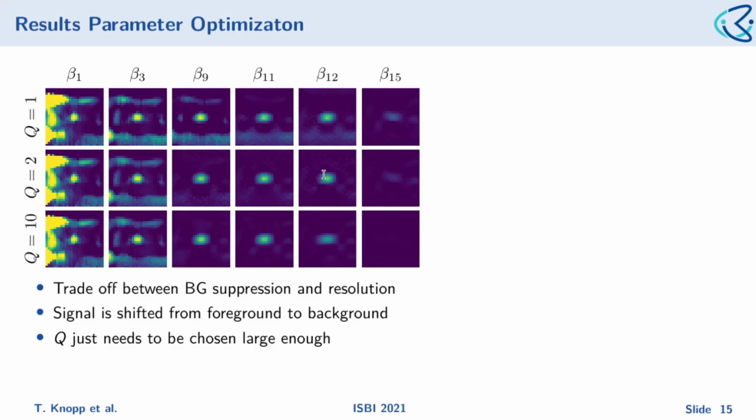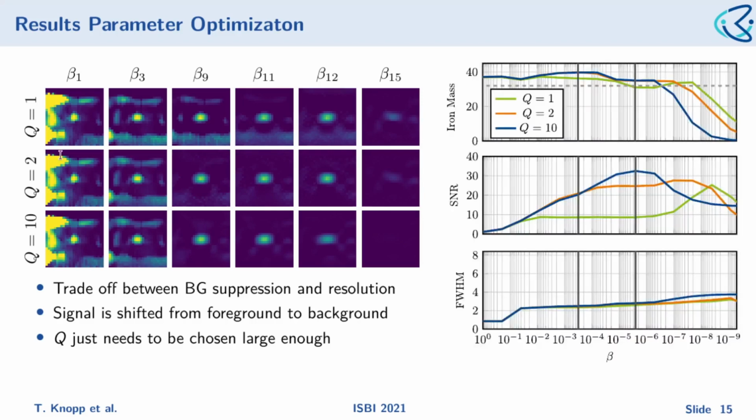Thus, one needs to trade off background suppression and spatial resolution. Fortunately, the results are similar for Q larger than 1, which implies that this parameter can simply be set to a high enough value and then kept static for a specific scanner. We also made a quantitative analysis where we can see that beta of about 10 to the minus 6 maximizes the SNR, while the full width at half max of the dot is only slightly increased.